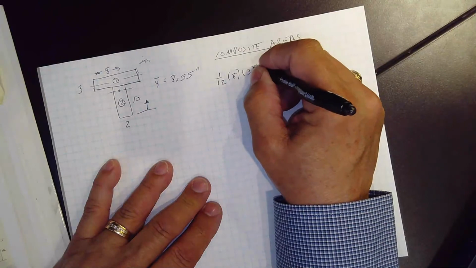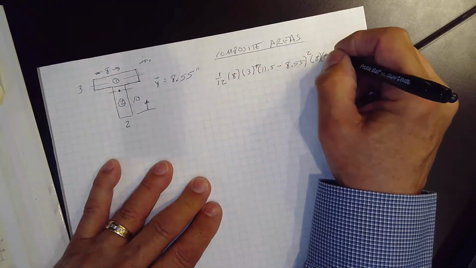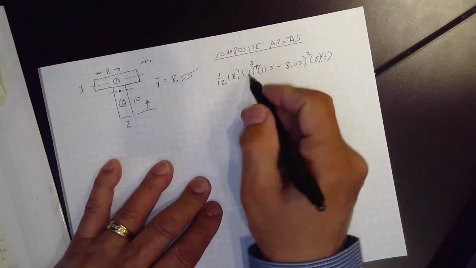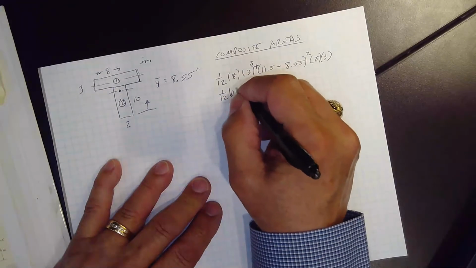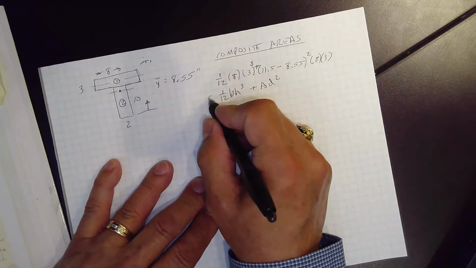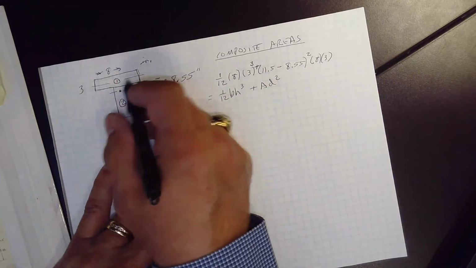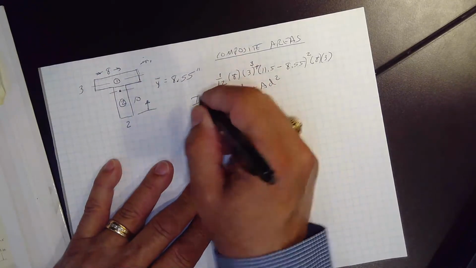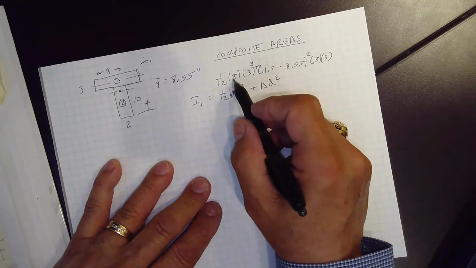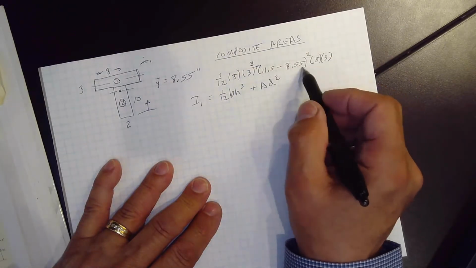I need a plus in there. And the area is 8 times 3. Oh, and this needs to be cubed. There we go. 1/12 BH cubed plus AD squared. That's going to be the new moment of inertia for number 1 about the centroid. So, 1/12 the base times the height cubed plus the area times d squared.